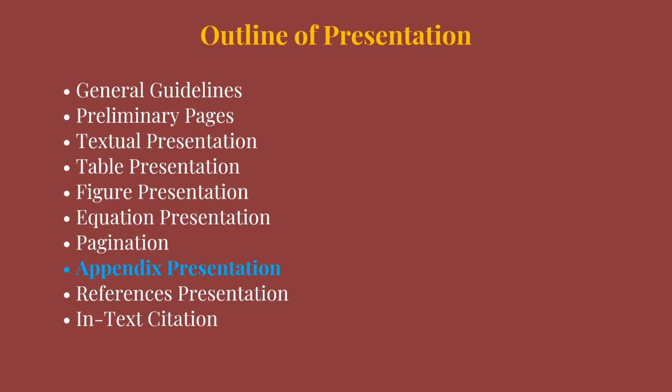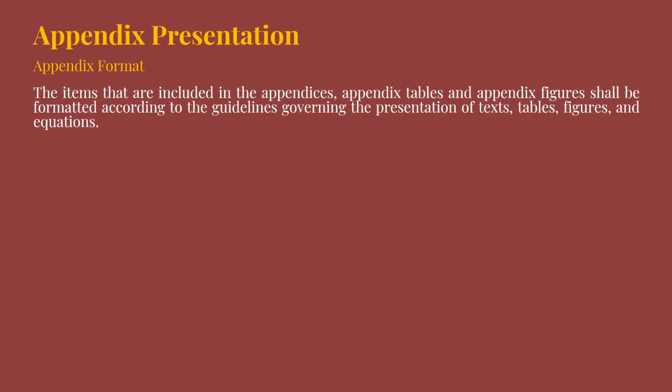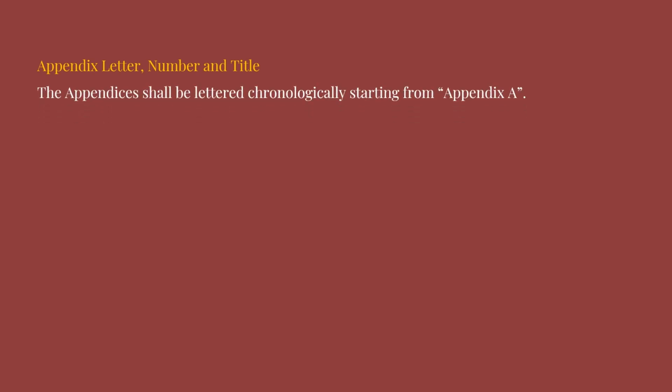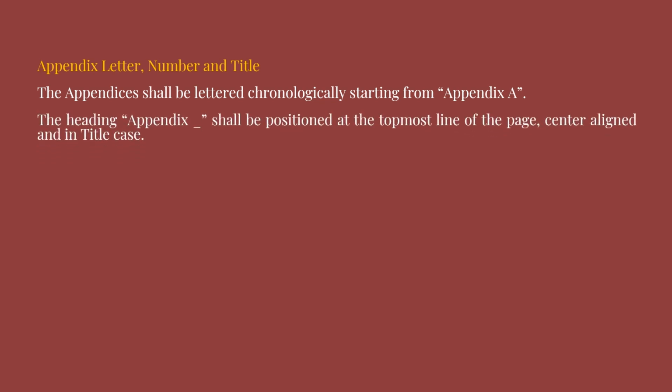For the appendix, the items that are included in the appendices, such as appendix tables or figures, shall be formatted in the same way that they are governed by the guidelines for the presentation of the text, tables, figures, and sections. For appendix letter, number, and title, the appendices shall be lettered chronologically starting from appendix A. The heading appendix and the letter shall be positioned at the topmost line of the page, center aligned, and in title case.